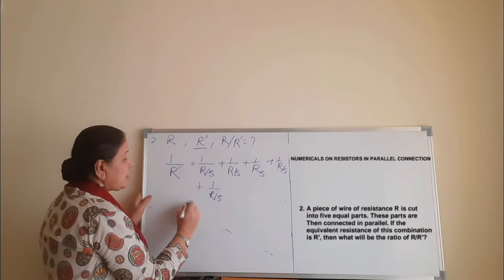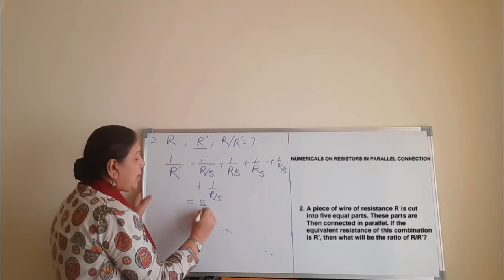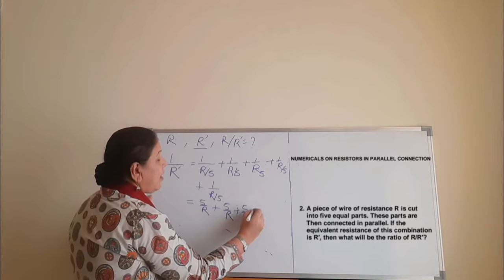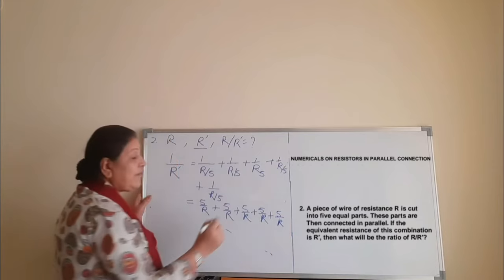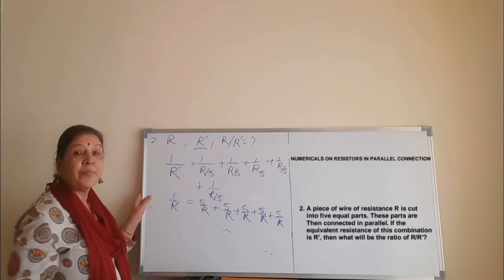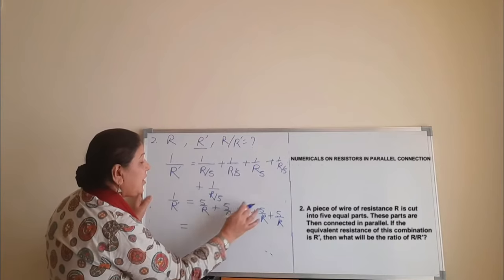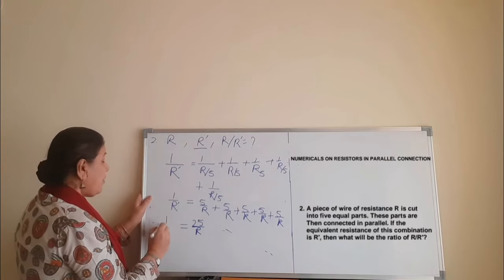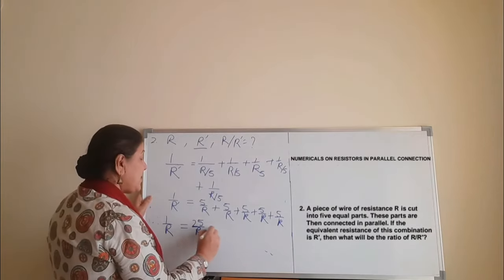So 1 upon R by 5 means 5 upon R, plus 5 upon R, plus 5 upon R, plus 5 upon R, plus 5 upon R. So that is 1 upon R dash equals 5, 10, 15, 20, 25, 25 by R.